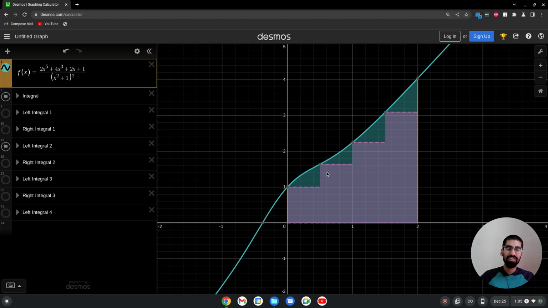This part's easy. We can keep on repeating it, getting more and more rectangles until we have so many that the area of all of these rectangles is basically the same as the area under the curve. You can see there's not much room left here for improvement.